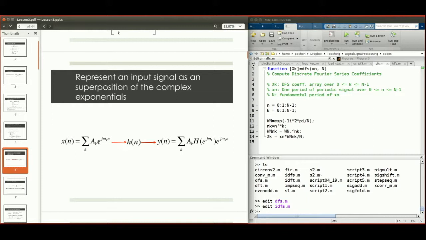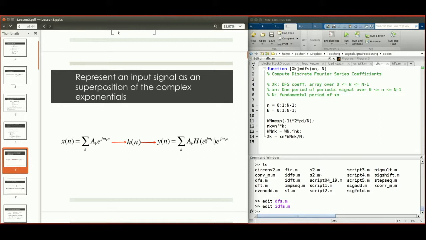The output is just going to be the output for each of the basis signals, which are complex exponentials. You put this into the linear time-invariant system, and because it's an eigenfunction, you get the same thing back, with one more scalar multiplied on it.